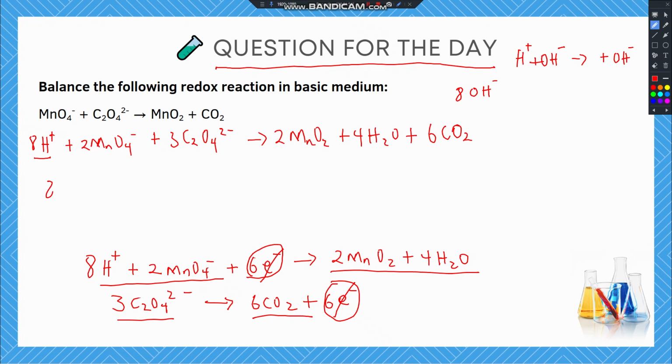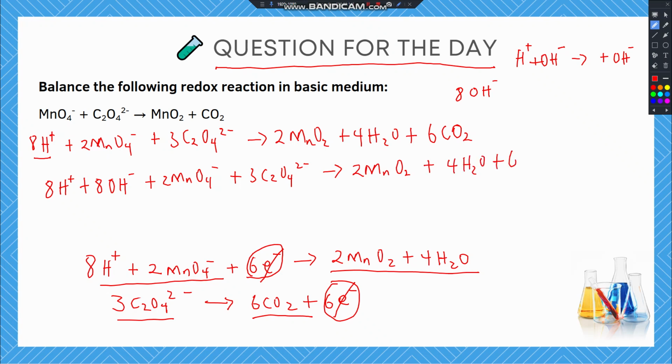So that gives us 8H plus, 8 OH minus plus 2MnO₄ minus plus 3C₂O₄ 2 minus, giving us 2MnO₂ plus 4H2O plus 6CO₂ plus 8OH minus.